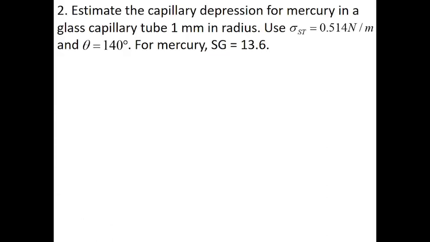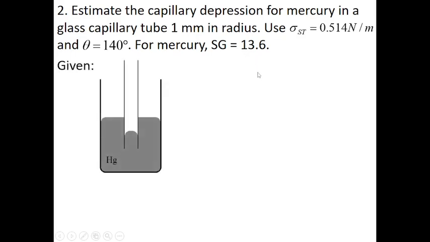So let's answer number 2. Estimate the capillary depression for mercury in a glass capillary tube 1 millimeter in radius. Use the surface tension coefficient 0.514 newton per meter and an angle of 140 degrees. For mercury, the specific gravity is equal to 13.6.